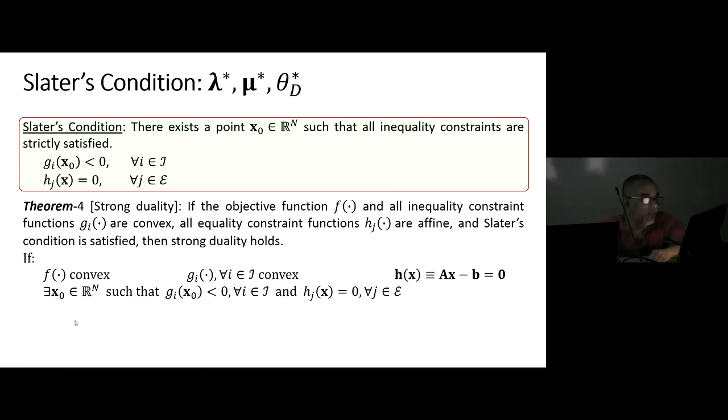And such that there exists an x naught such that gi of x naught is less than 0 and hj of x naught is equal to 0. Sorry, this should be x naught here, I just copy pasted. Then, if these conditions hold, theta p star equals theta d star.